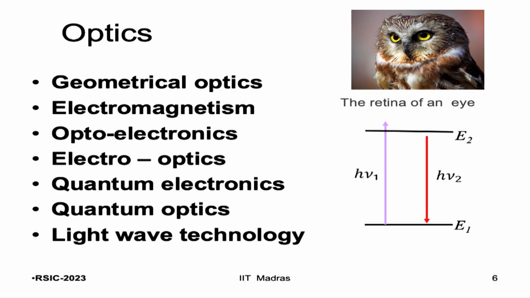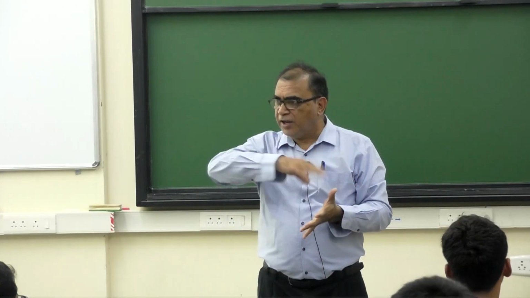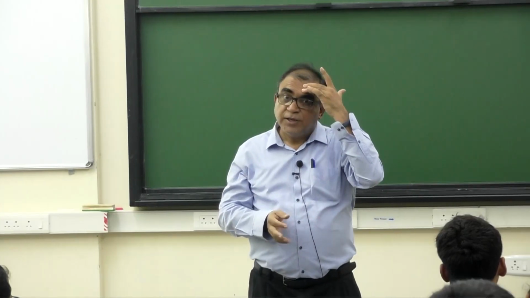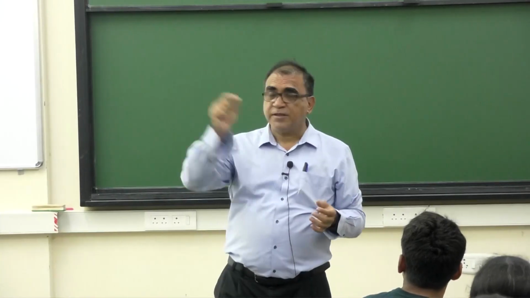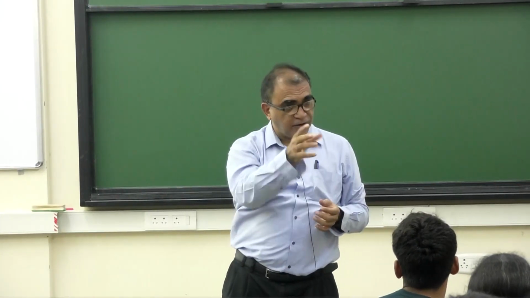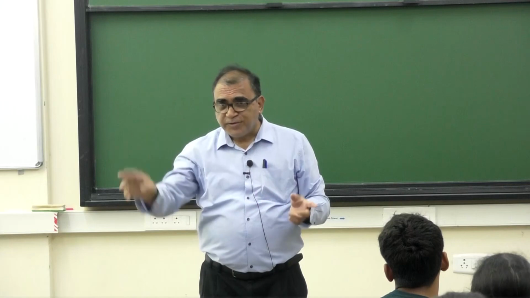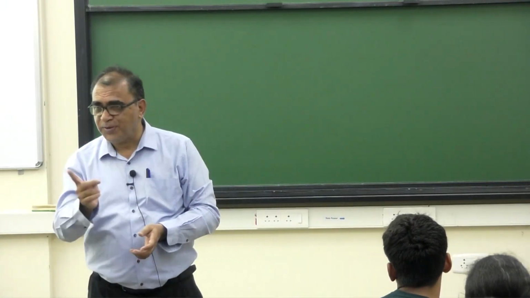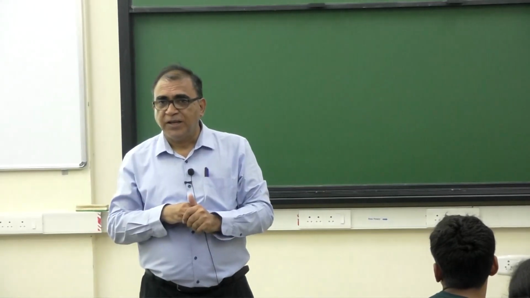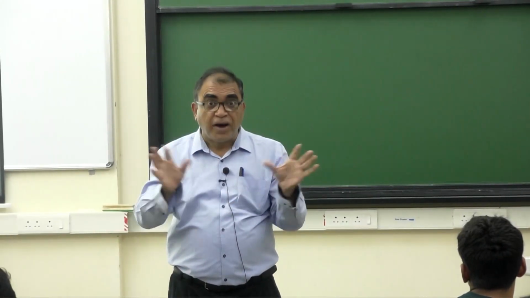Now the point is, the retina of our eye or the owl's eye has a protein, retinal protein, and that you have to study. The first event which takes place in your eyes is the photon hits the retina, and then many things happen, because it has to recycle, it has to see another photon, it can't see once and that's gone. Those events happen on very fast time scales.